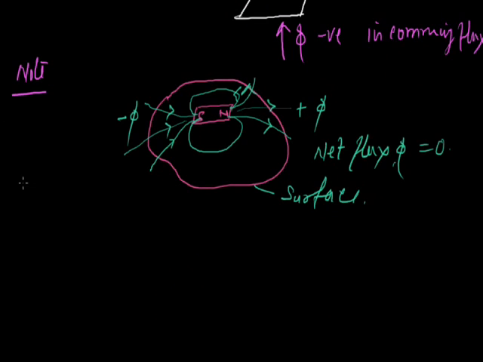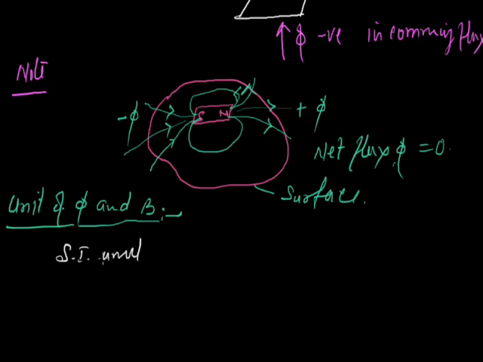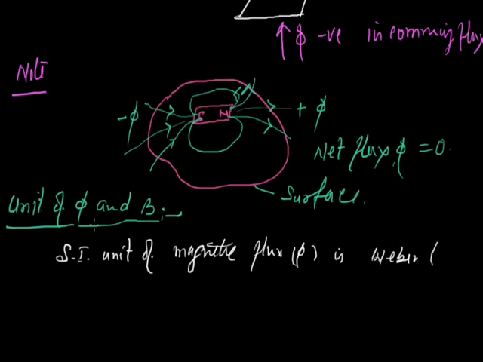Now the units of phi and B, magnetic flux and magnetic flux density. The SI unit of magnetic flux phi is Weber, denoted by the symbol Wb.